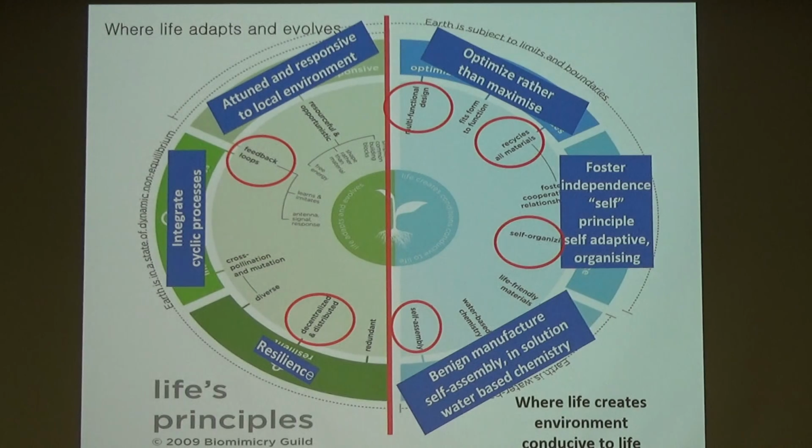And that would be a really interesting design functionality to have in our own synthetic materials. So there's a lot of research looking at self-repairing materials, for example, and taking the principles from organisms to manufacture those. And in nature there's a benign manufacturer, so with that self-principle, there's a lot of self-assembly.